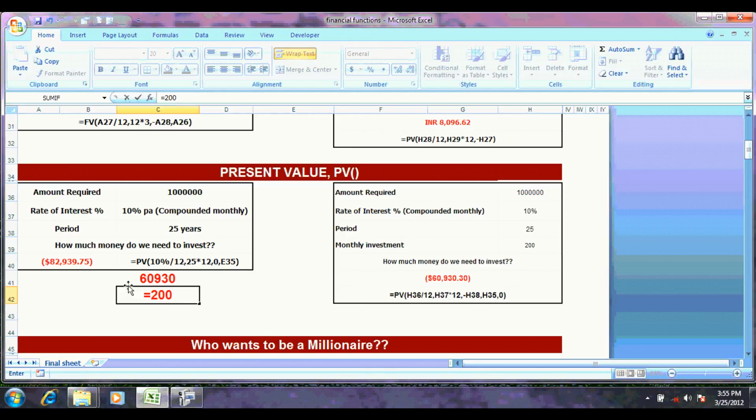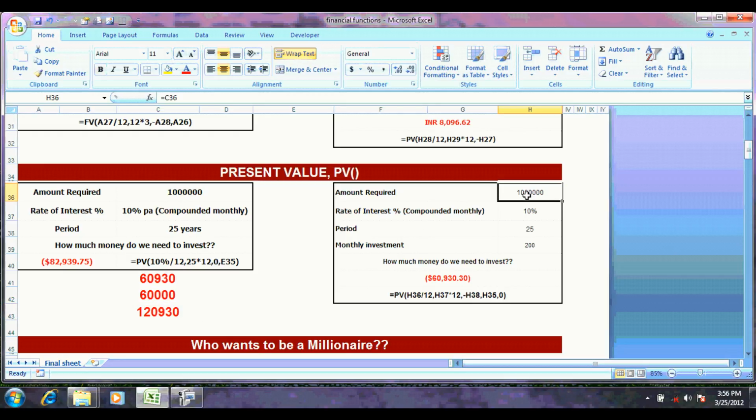Then 200 into 25 into 12. Okay, alt equal to. So this is 200 per month in 25 years. So your total investment is around 1,20,000.